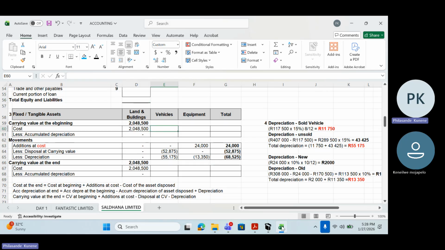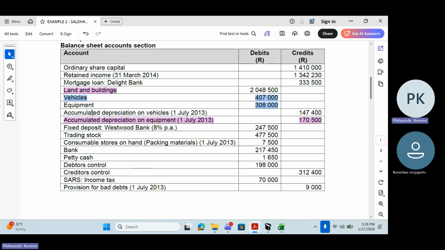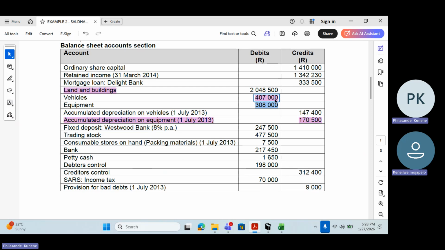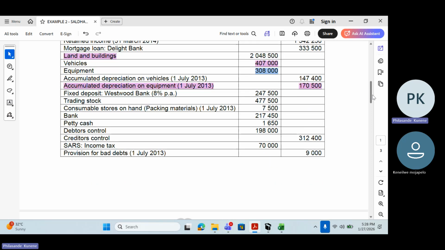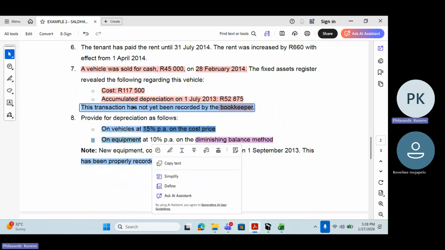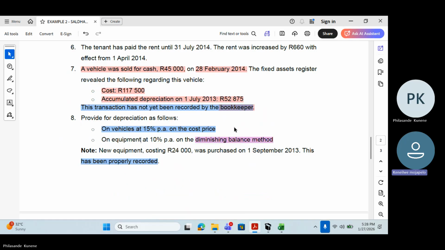Vehicles. Let's go and deal with vehicles. The cost at the beginning for vehicles was 407,000 here. Can you see? Is this the cost at the end or the cost at the beginning? What is going to direct us about that? That the transaction has not been recorded.